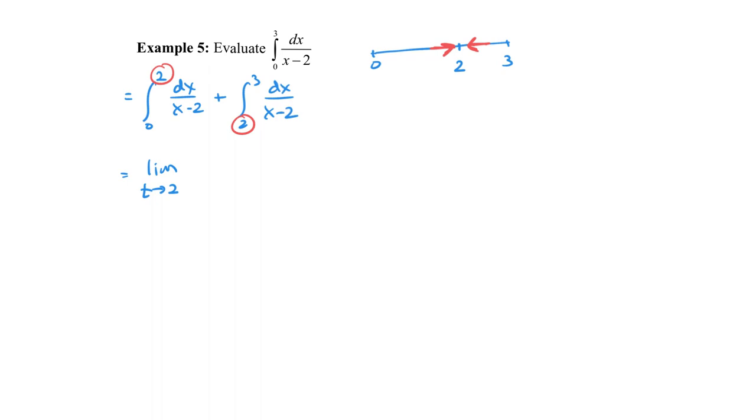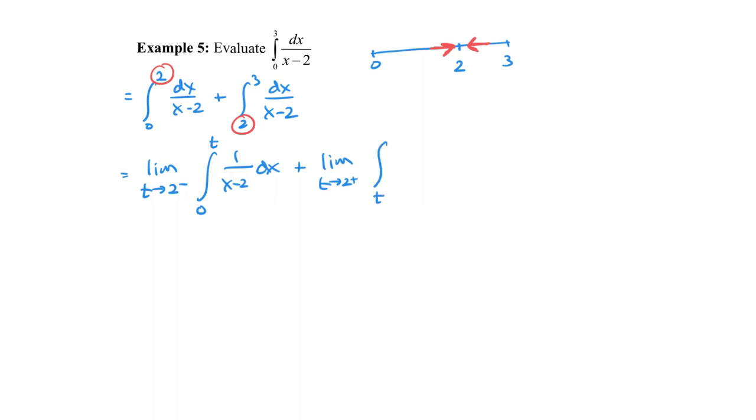Okay, now this one's going from 0 to 2. So from 0 to 2, I'm approaching 2 from the left, right? From values less than 2, I never get to 2. So I need to put a minus sign here. Approaching 2 from the left. And I'm just going to rewrite this as 1 over x minus 2 dx. And this will go from 0 to t. Then plus the limit as t approaches 2 from the right.